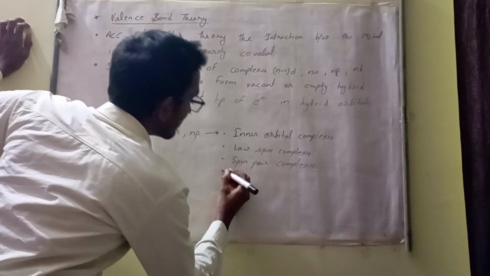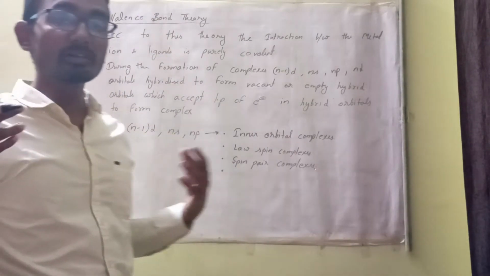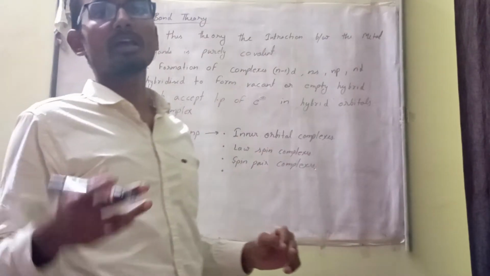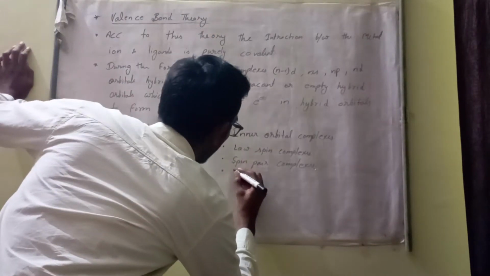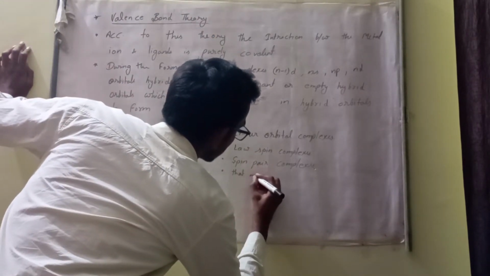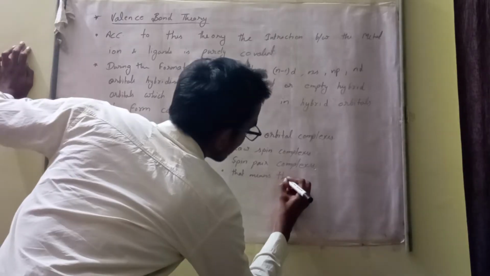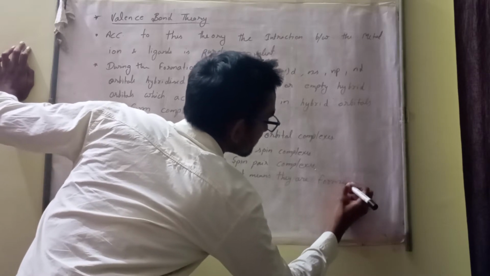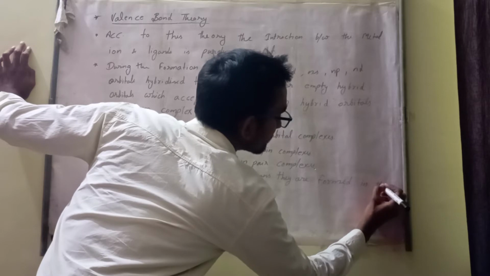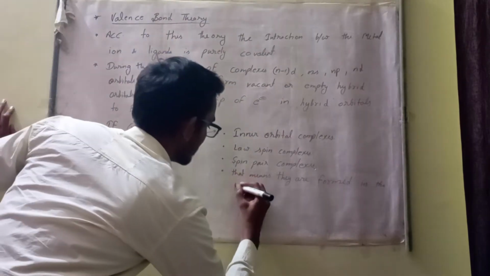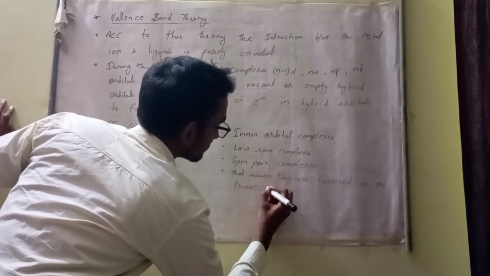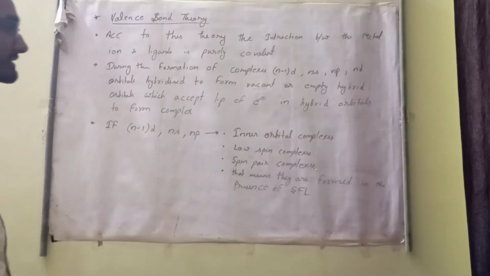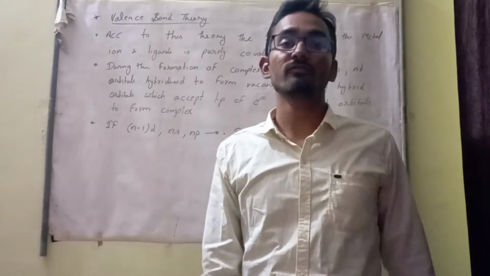And the last one: if it is an inner orbital complex, a low spin complex or a spin paired complex, that means they are formed in the presence of strong field ligands.